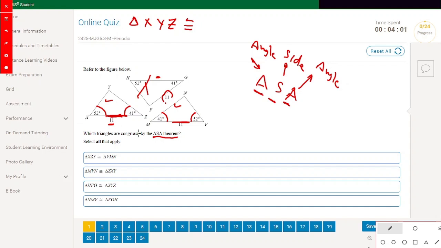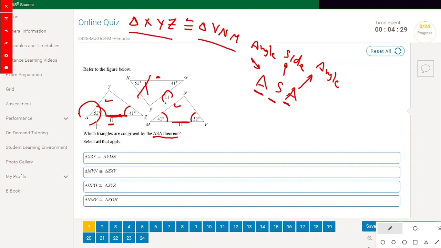Now X is congruent to V. So triangle V, and here angle Y is congruent with angle N, and X is congruent with V, and Z is congruent to M.